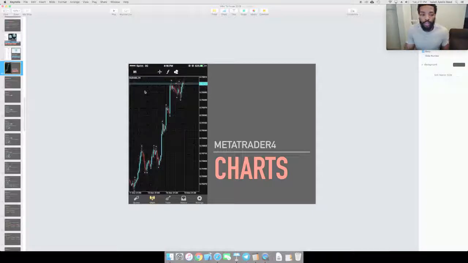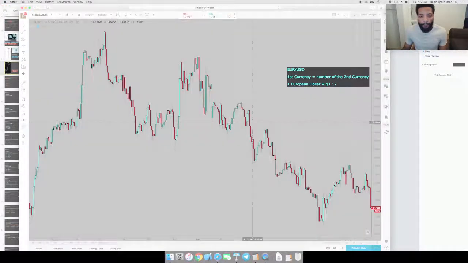So one Australian dollar is equal to 76 cents in the United States. That's exactly what it means. Going back, it's the same thing here. The first currency is equal to the number of the second currency. So 1 Euro is equal to whatever the exchange rate shows here for the current price in the market.